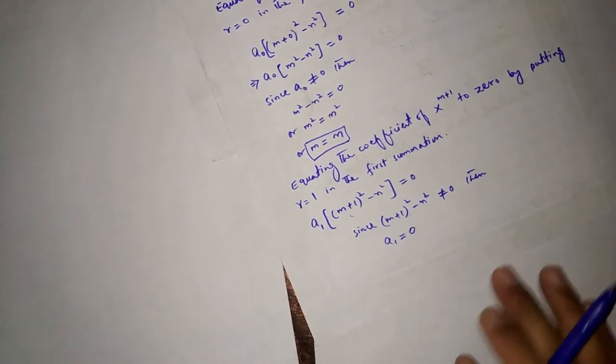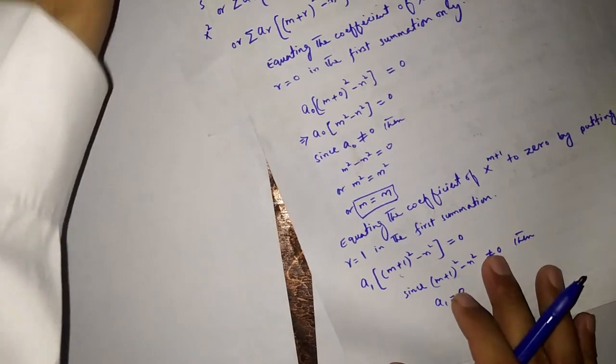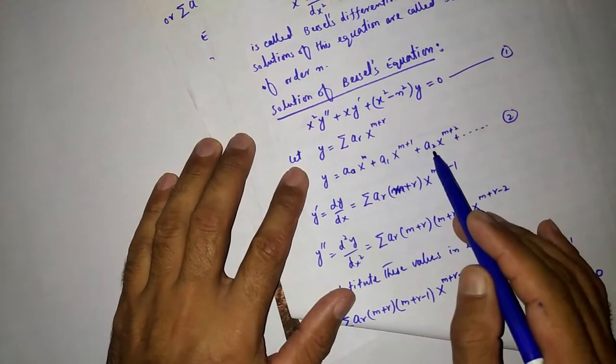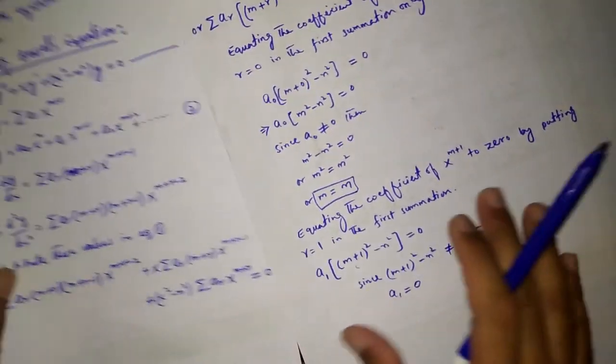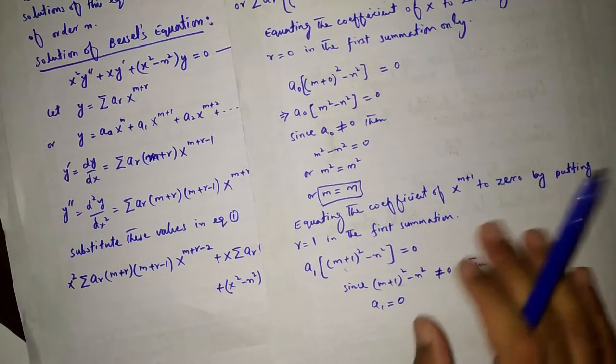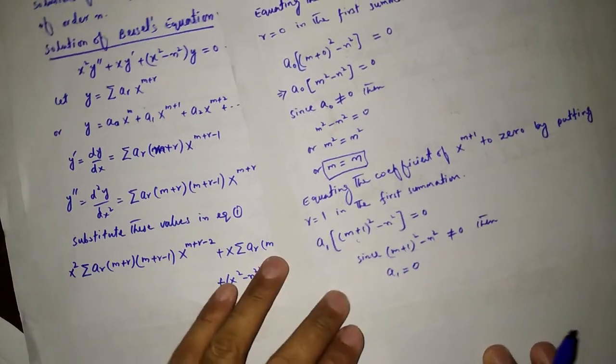So we have to find all the coefficients in the series solution of the differential equation: a0, a1, a2, and a3. For this purpose, we have to find the recurrence formula by which we can find all the coefficients.